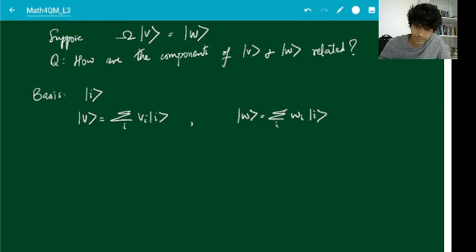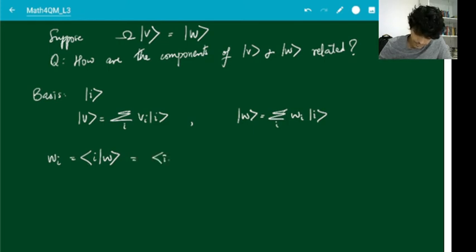Then the ith component of w is just the inner product of ket w with bra i, by definition.